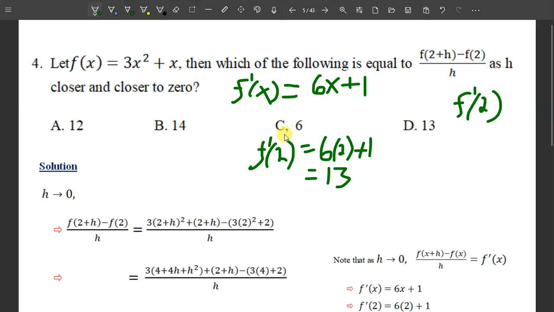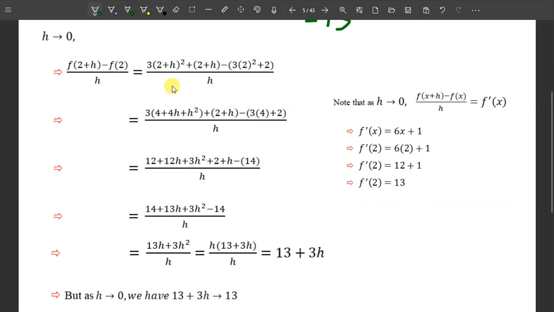Now let us use the traditional method. Before calculus was invented, people solved such questions like this. Here f of 2 plus h minus f of 2 over h.